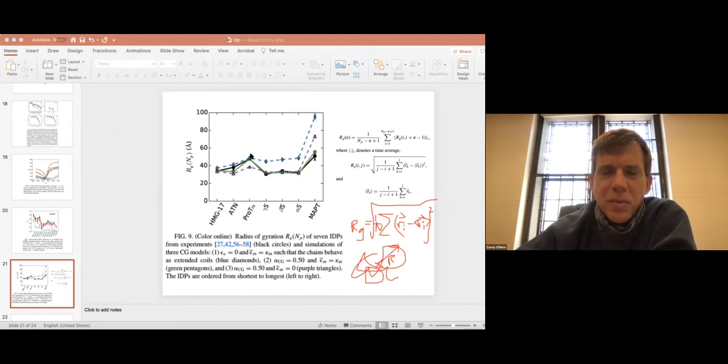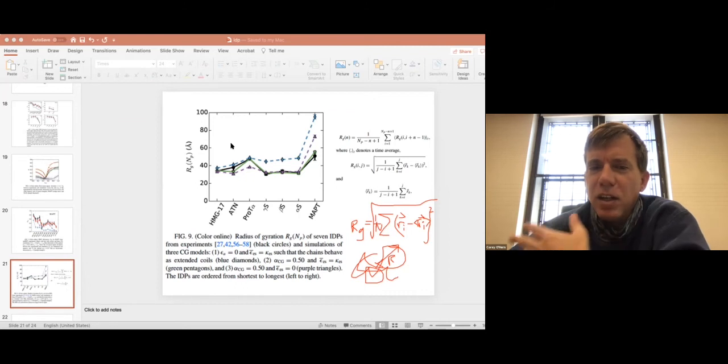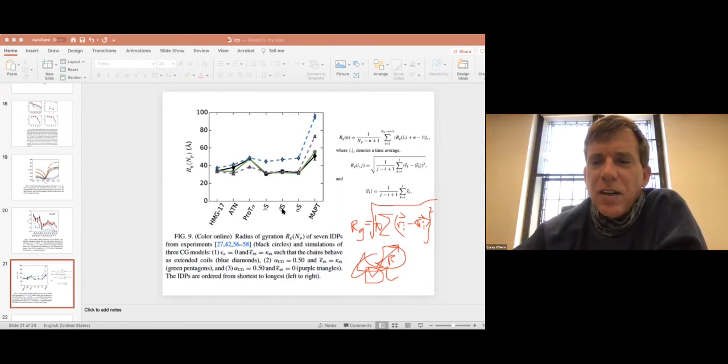And then, as I've shown several times before, the electrostatic model, which is the diamonds with dashed lines, doesn't fit as well. And they're bigger, which makes more sense because if you just consider charge and no hydrophobicity, the structures will be extended.